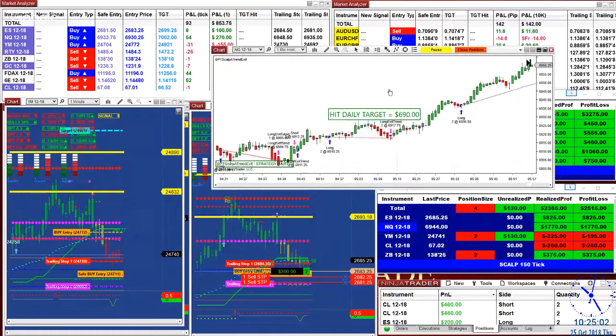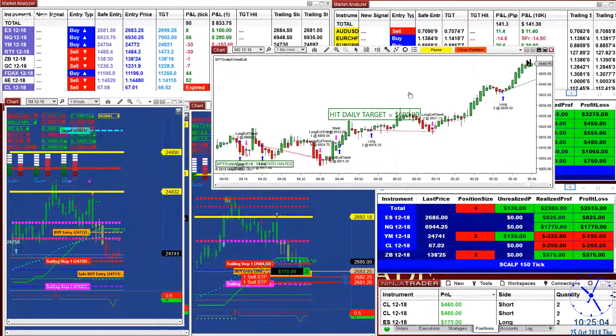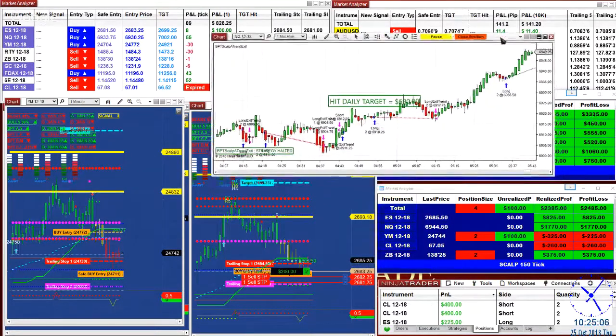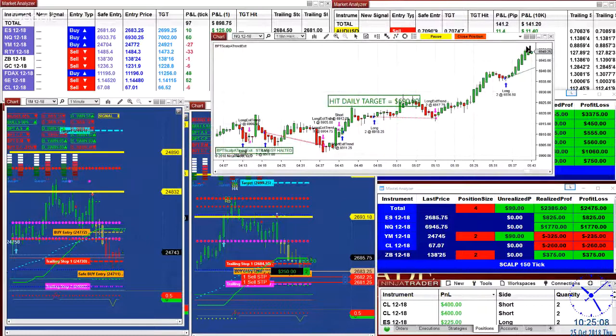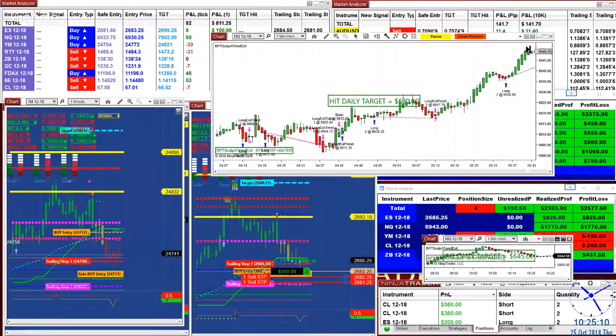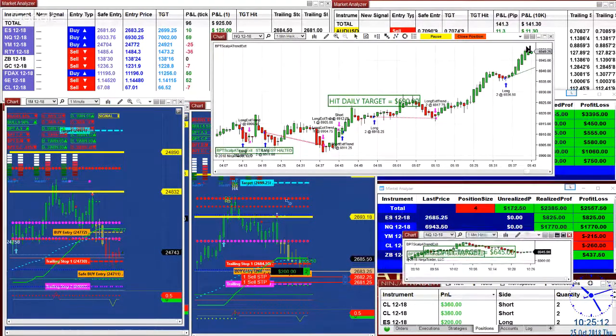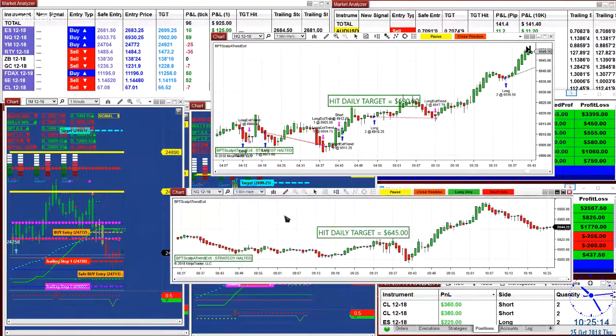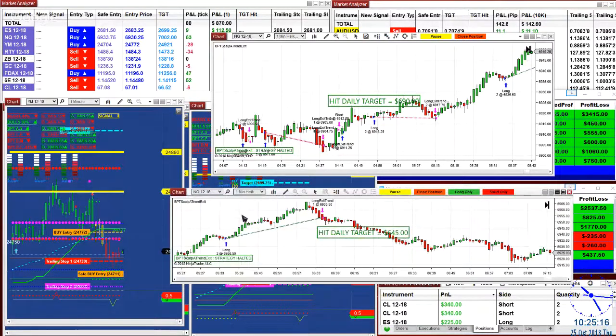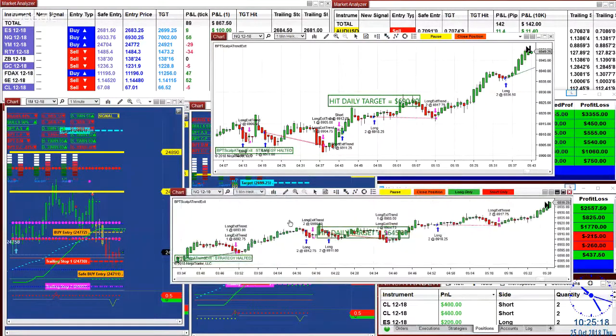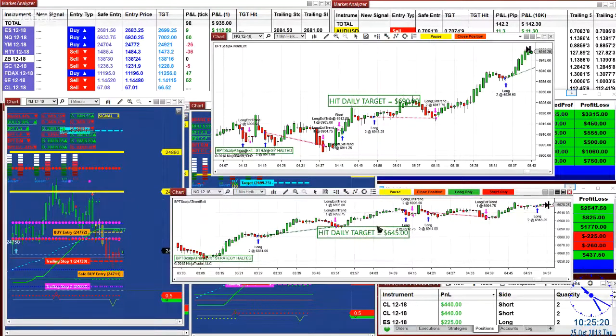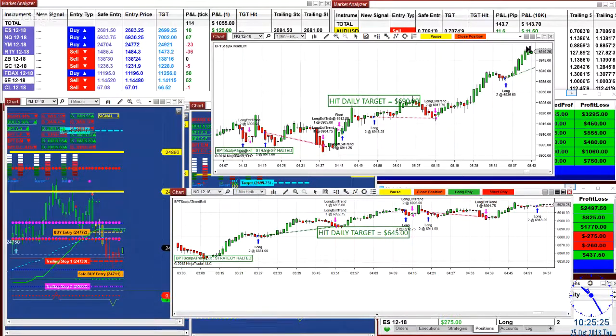If we notice on the Nasdaq, it nailed 690. This is unfiltered, and this one is filtered right there. It was a little choppy market early, and it still is a little choppy right now.